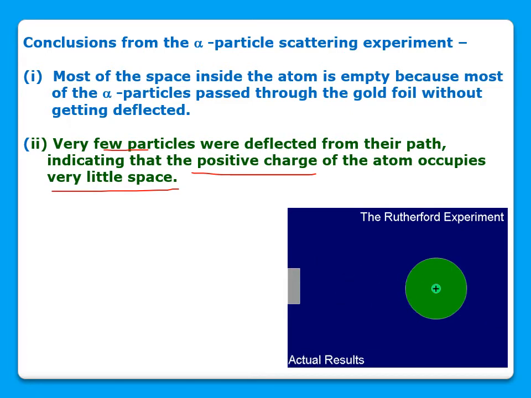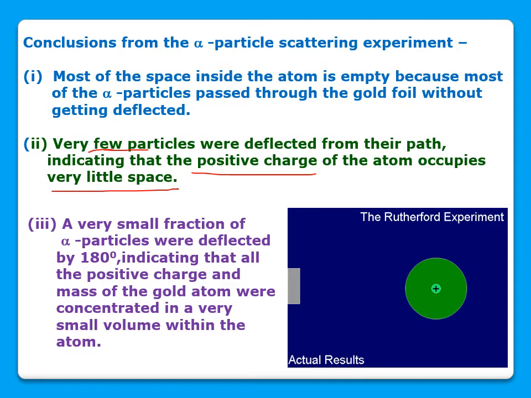Okay, when they are entering the atom, some of the particles are deflecting from their path. Means the same charge is the reason for this deflection, because same charges repel each other. But the number of particles that are deflecting is very few. It means the positive charge inside the atom occupies very little space. This was the second point.